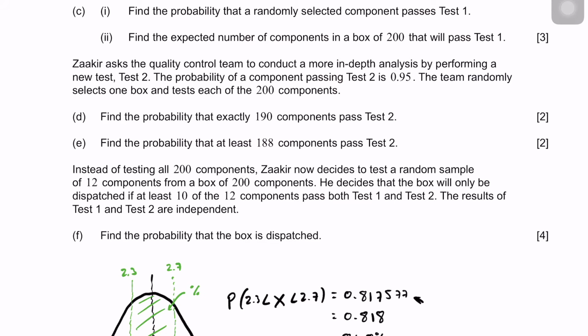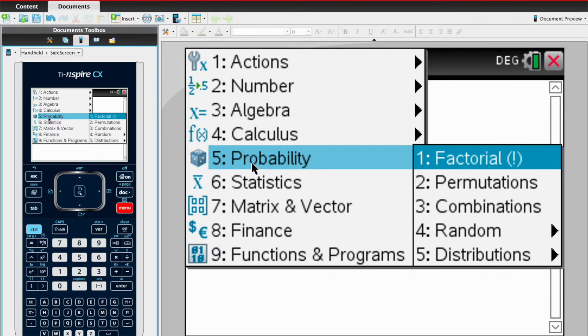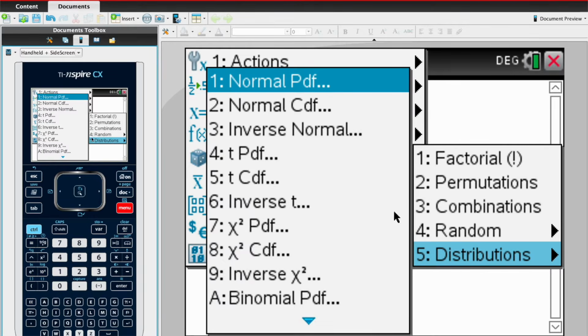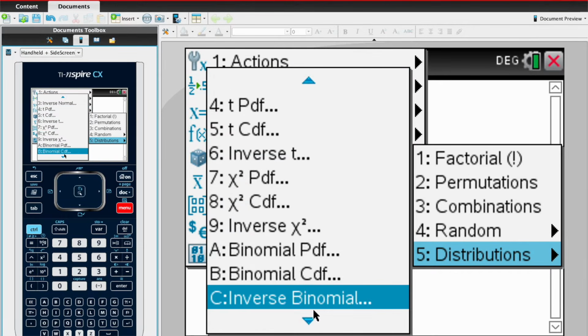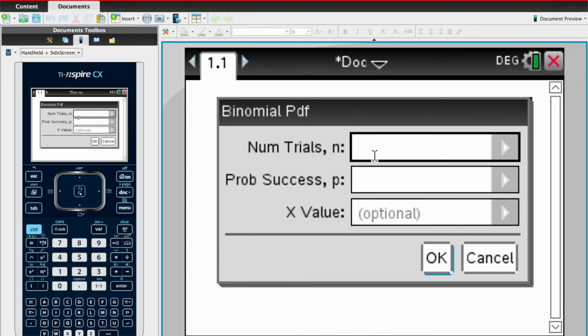So we'll go into the calculator here: menu, probability, distributions. We can use binomial PDF or CDF. In this case, we just want to find the probability that exactly 190 components pass test 2, so let's use binomial PDF here. For the number of trials, we're going to look through 200 components.